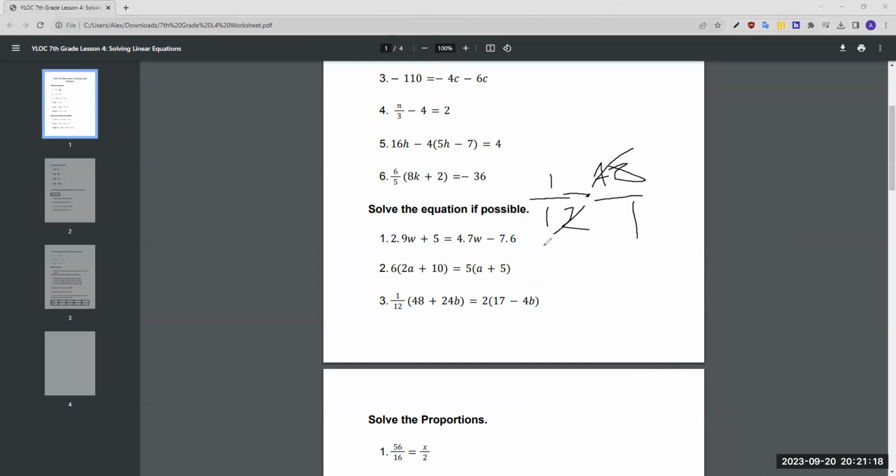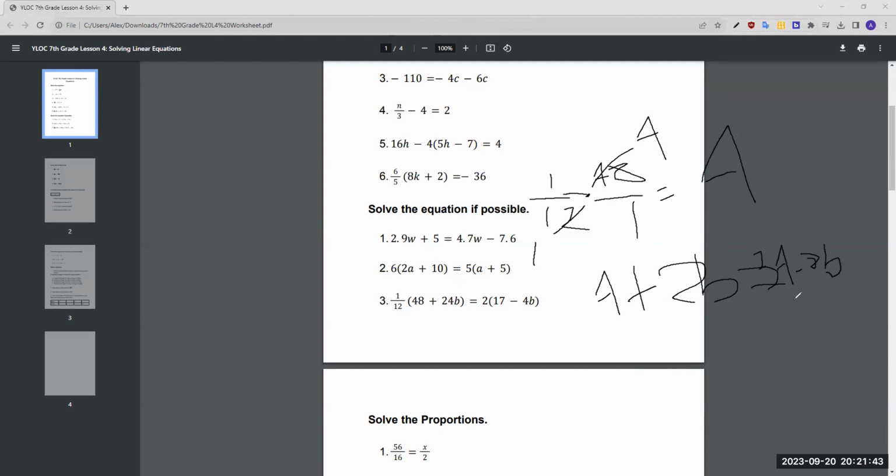Then we cross cancel this, and 12 goes into 48 4 times. So that gives us 4. And half of 24 is just 2. So it's 4 plus 2b equals 2 times 17 is 34. 2 times negative 4 is negative 8b.